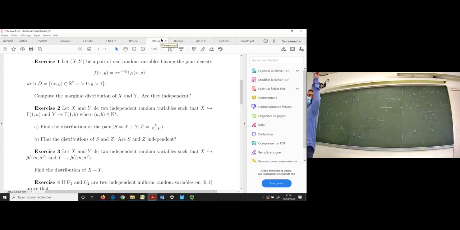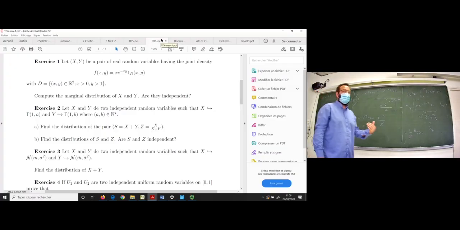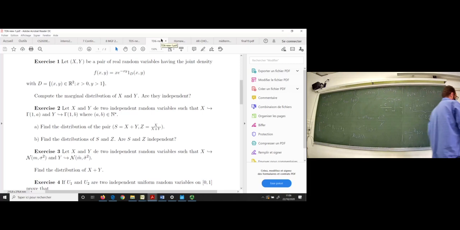I know that it will correspond to independent components if I am able to separate it: from one side the variable x and from the other the variable y. Here I have this term, exponential of minus xy, which I will never be able to separate into a mapping depending on x and a mapping depending on y. So directly on the density function, I can say that they are not independent.